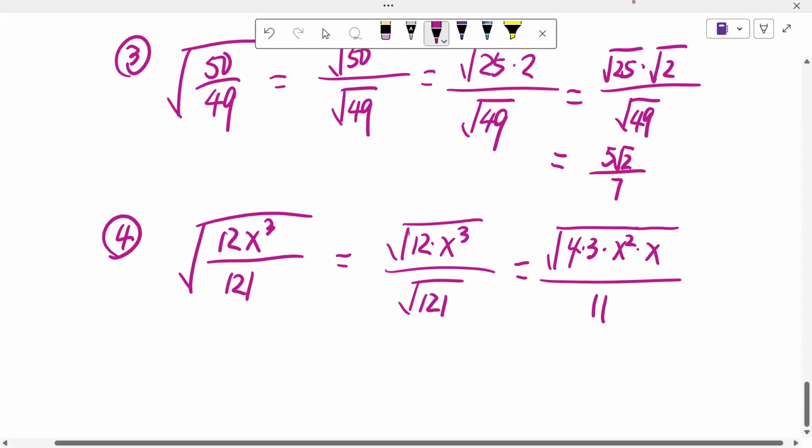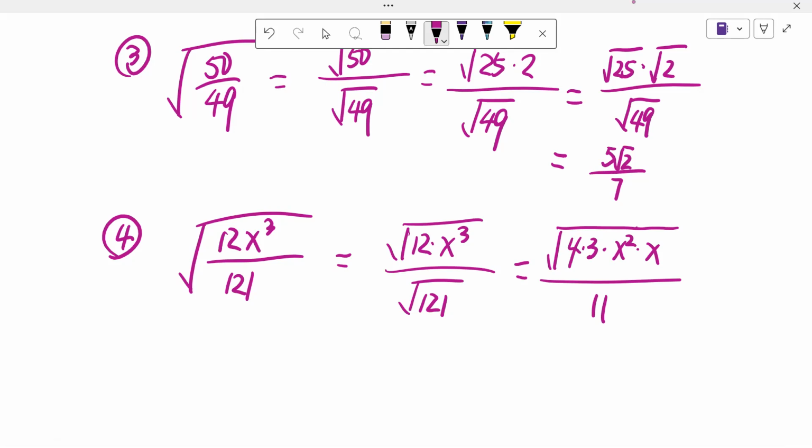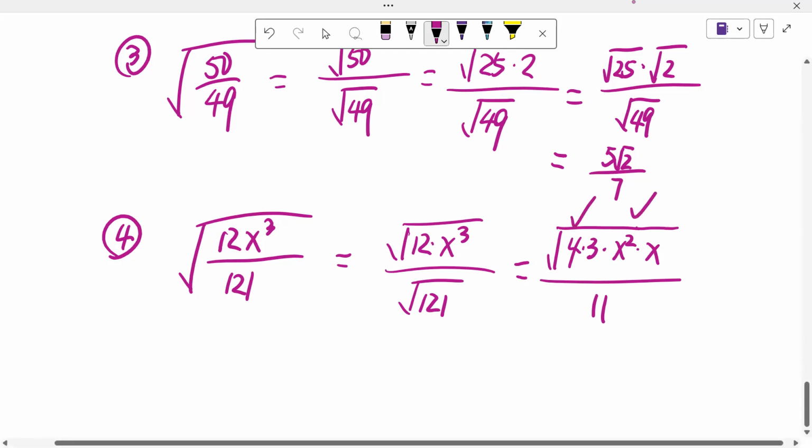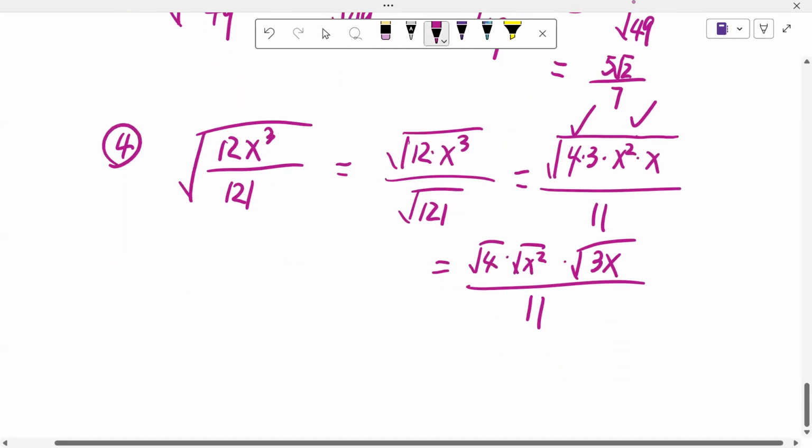On top, we have a couple of perfect terms, so it will become radical 4 times radical x squared. And the other two terms go into the same radical, right? You get the square root of 3x over 11. And simplify.